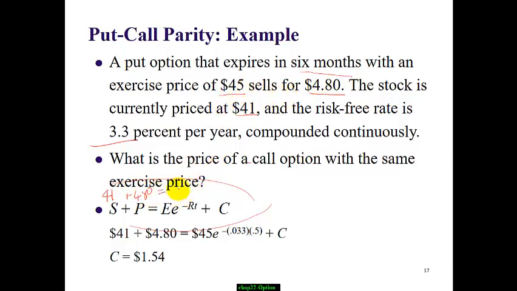The strike is 45, or exercise is 45. We use a continuous discount factor, natural e raised to the power of the 3.3% discount rate times T, 6 months. We don't use months, we use the number of years. So we convert 6 months to a year, which is 0.5, plus C. That's the price of the call we want to figure out. So then we figure out a call price of $1.54.